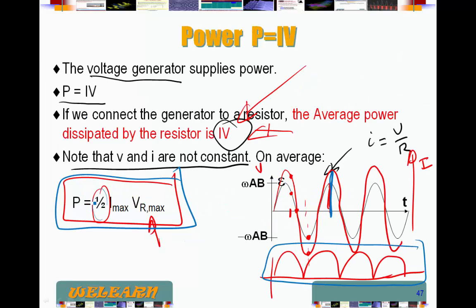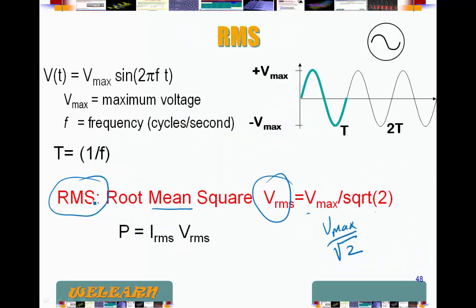We have 1/2. I'm going to rewrite it there. So what we have for power, we said V max times I max over 2. I can rewrite that as V max over square root of 2 times I max over square root of 2.